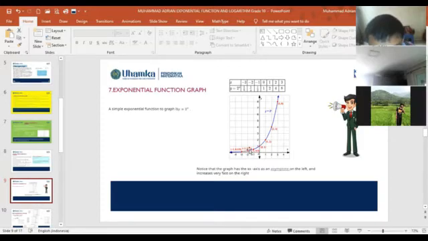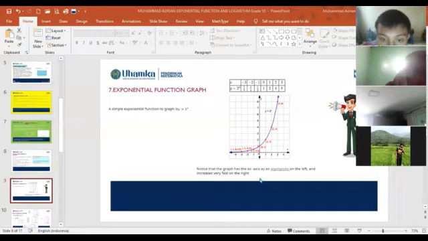Then the dot at minus 2, y equals 2 power x at x equals minus 2. Then 0, and 2 to 5.